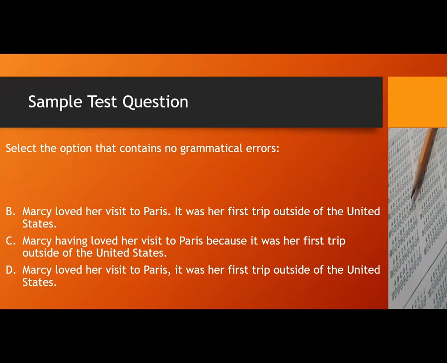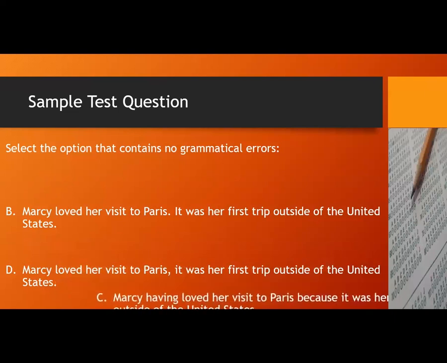Option C is not an independent clause. It's missing a verb. It isn't a complete thought. What did Marcy do? Who knows? This option is a sentence fragment, which is a grammatical error, so this option is also out. Option D separates both independent clauses with a comma.